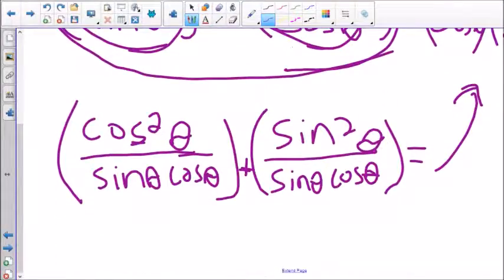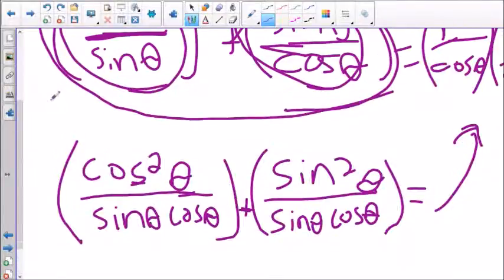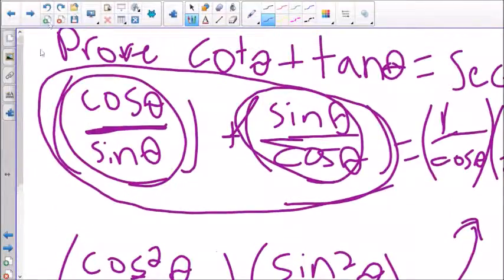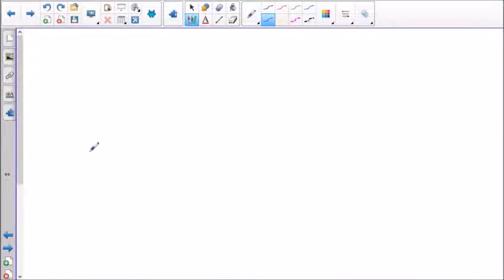Anyway, next would be just simplifying. So now that you have, I'm going to go to the next page, a common denominator, you can add the two, you can basically combine like terms, but you don't really do that because there's no like terms.